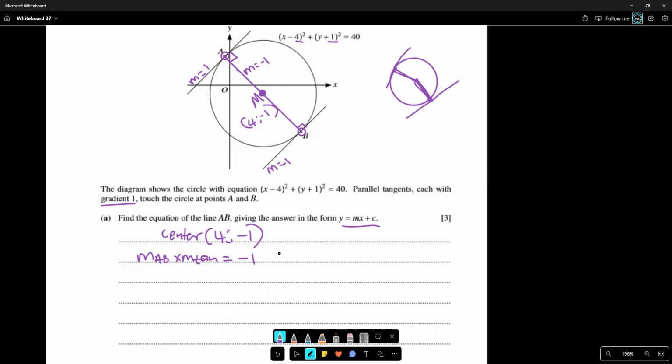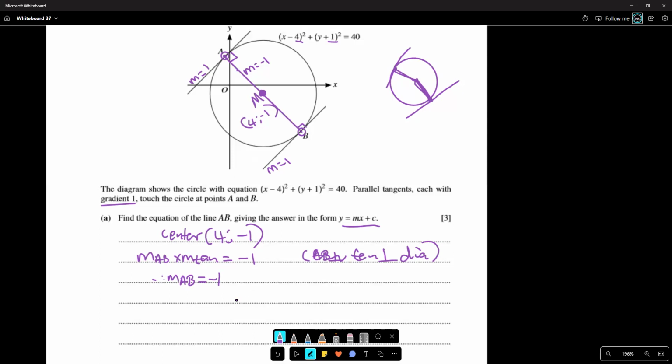Sharp. Because AB is perpendicular, okay, you can say tangent perpendicular diameter. Sharp. And then you can see that, okay, therefore the m of AB is -1 because this one is 1. 1 times -1 will give you -1. Remember, the product of the gradients of lines which are perpendicular is -1.